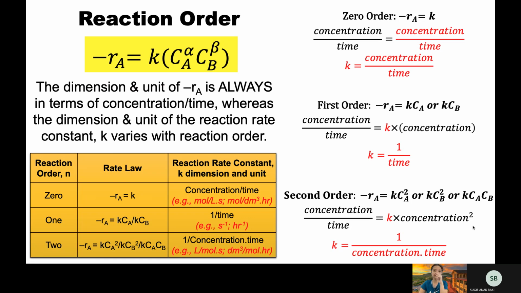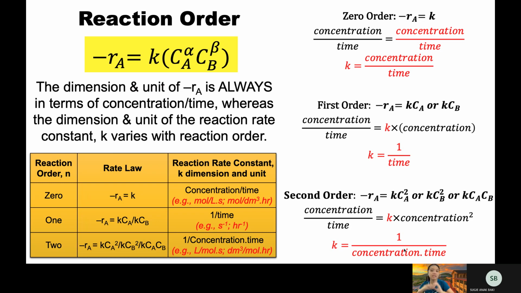So you will get finally the dimension for K is 1 per concentration time ataupun unit dia can be liter per mole hour, dm cube per kilomole second, feet cube per pound mole second. Okay, so from this unit, you can deduce that it is second order reaction.